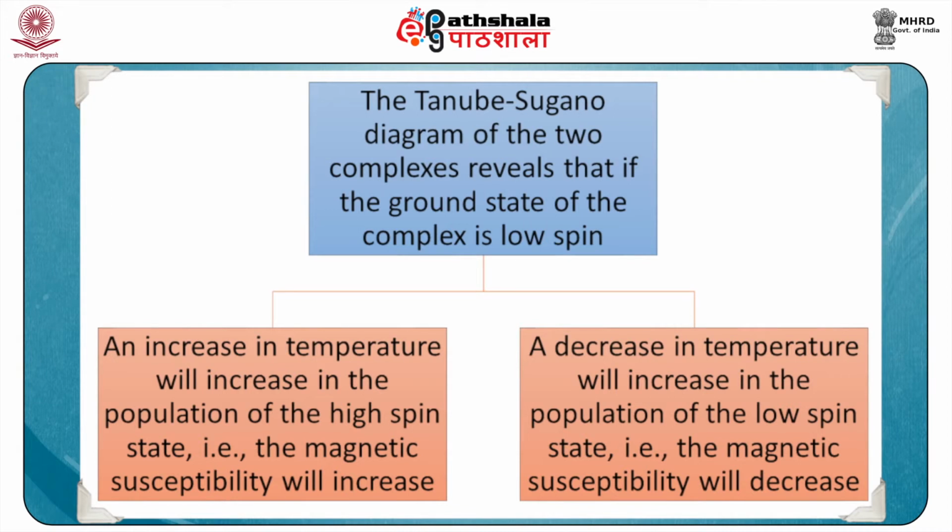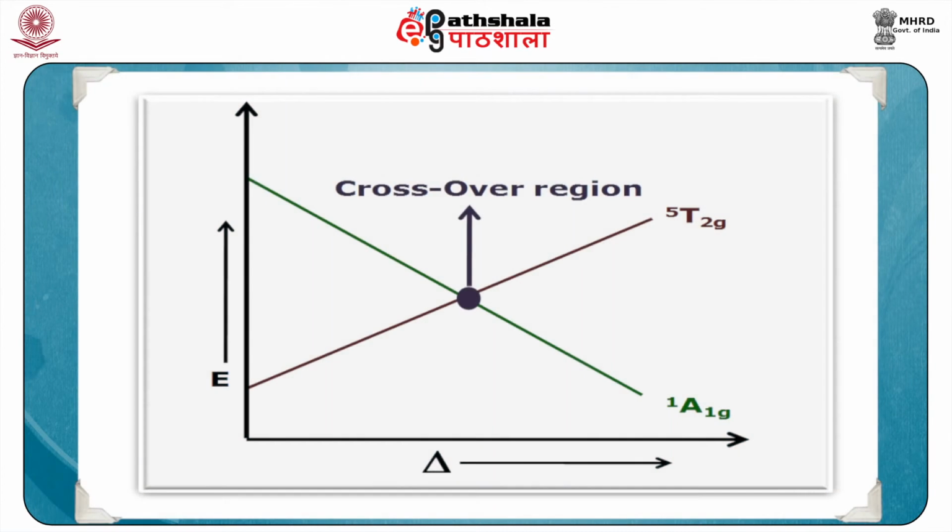Second, a decrease in temperature will increase the population of the low spin state, which means the magnetic susceptibility will decrease. On the other hand, if the ground state is high spin, then the reverse of first and second will hold true.